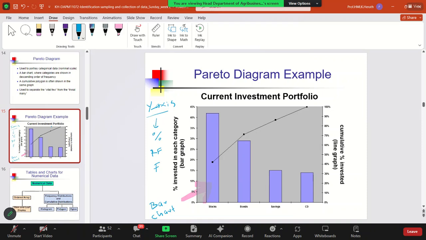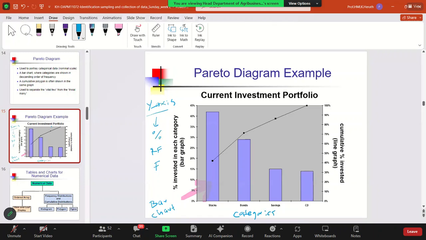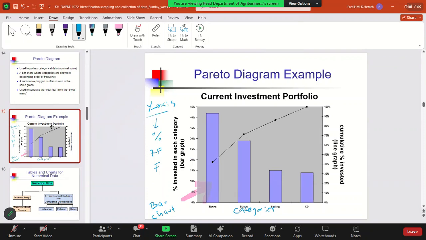On the x-axis, you have categories. This is the x-axis. So we have two y-axes. Here we get cumulative percentage, cumulative frequency, or cumulative relative frequency.